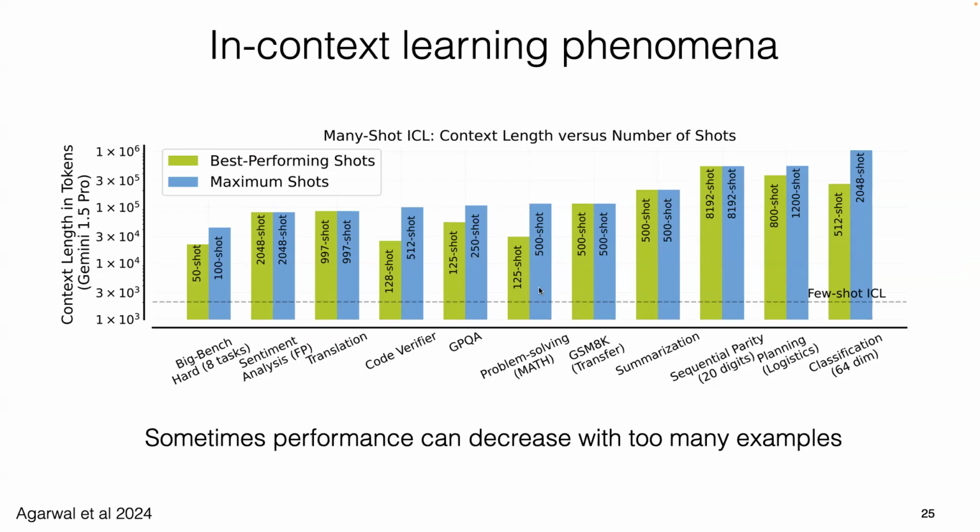One way to view this is that there's still a notion of overfitting, maybe, or it's just that there's too much information in the context. But yeah, you do see this phenomenon where giving too many examples in context could potentially hurt performance.